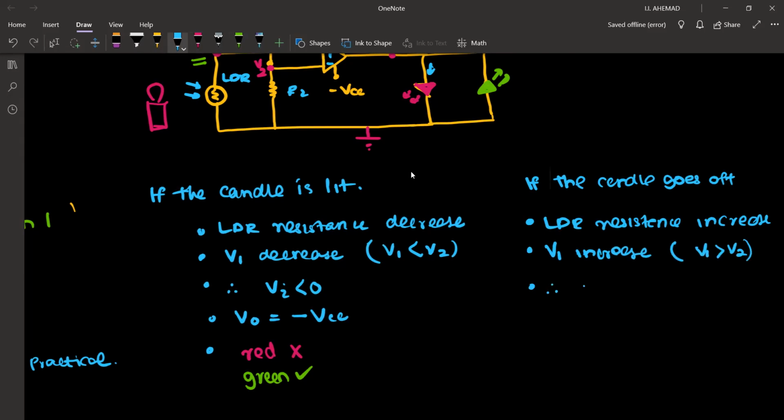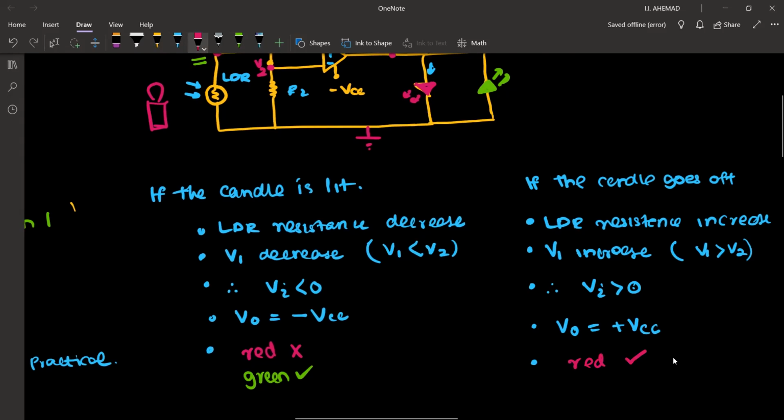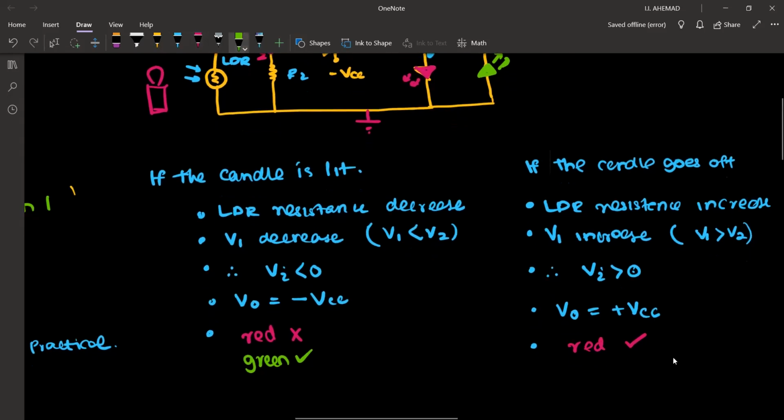Therefore, Vi is greater than 0 and V0 is equal to plus VCC. Now, red works, green goes off.